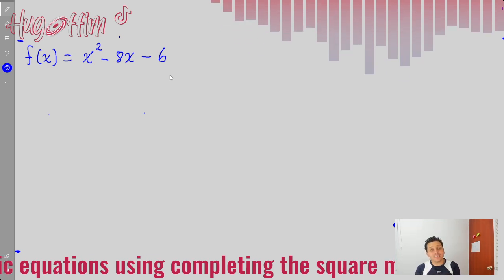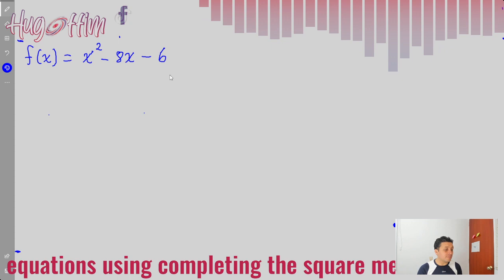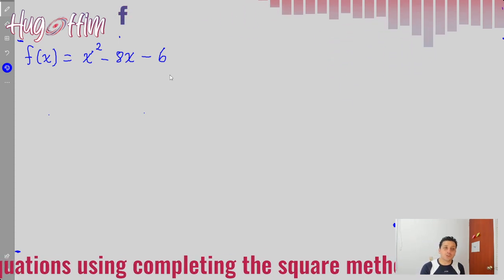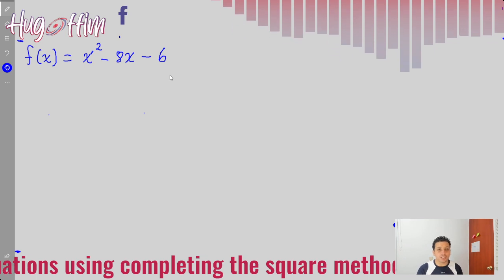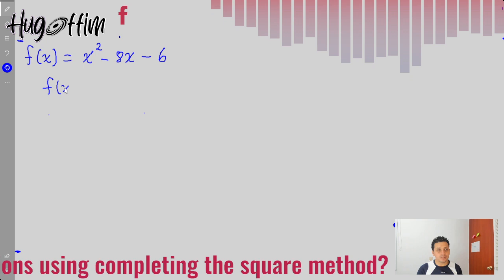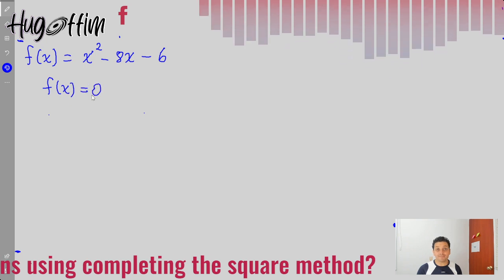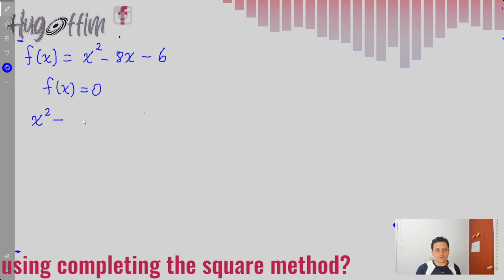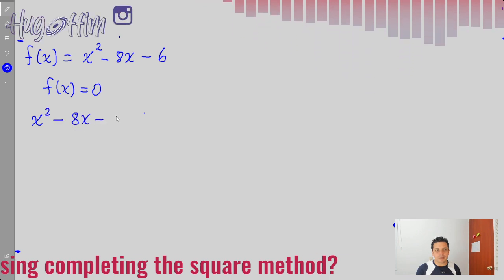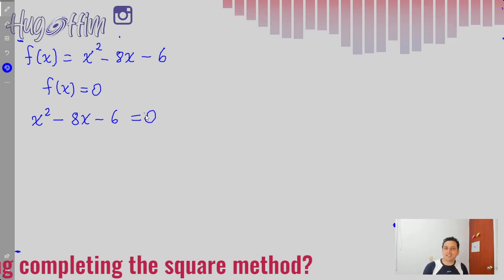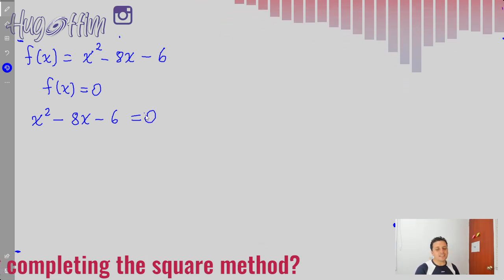So if you want to find the x-intercepts of a function, what you need to do is just set the function equal to 0. So we're going to set the function equal to 0, okay? So this means that my equation will be x squared minus 8x minus 6 equals 0. So this is my objective. My objective now is to solve this quadratic equation.